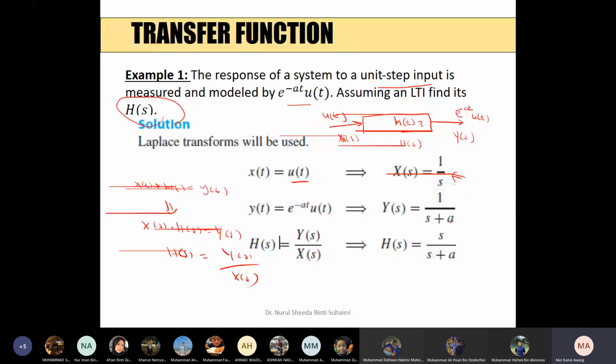So H of s is basically equal to Y of s over X of s. This is equal to 1 over s plus a divided by 1 over s, which is s over s plus a.